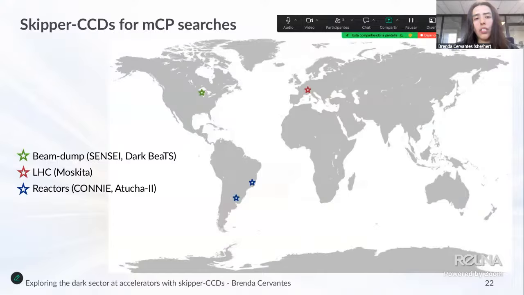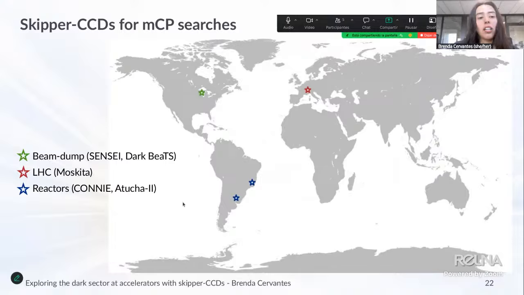So what is the current status of MCP searches with skipper-CCDs? Well, we have performed searches at beam dump facilities. There we have a setup actually at the LHC looking for these particles, and we have also done a search in reactors.